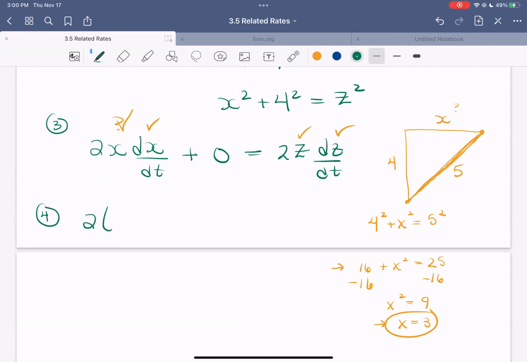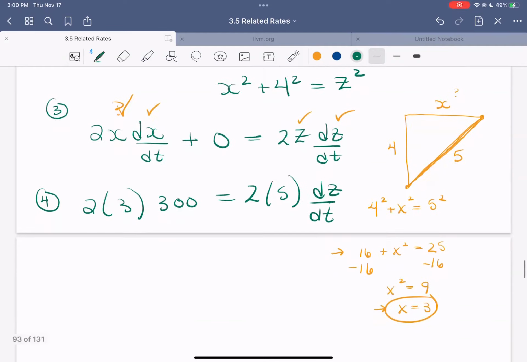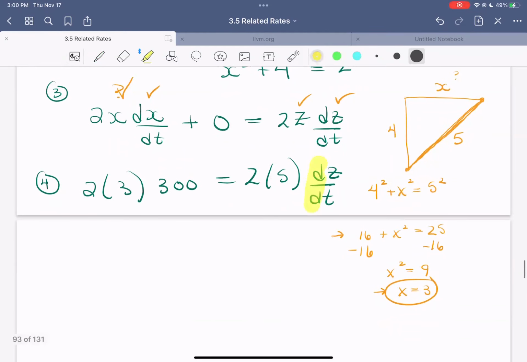So we have 2 times 3 dx dt is going to be 300. Recall that's the speed of the plane that we are given, equals 2 times 5 times dz dt. So now all we need to do is solve for dz dt. So I'm going to combine some of these numbers.